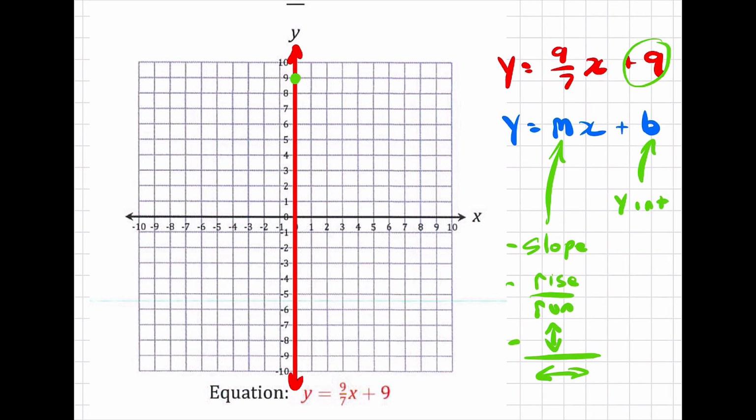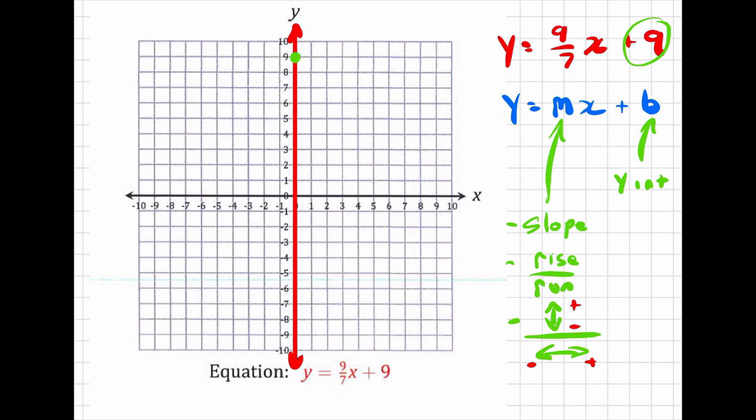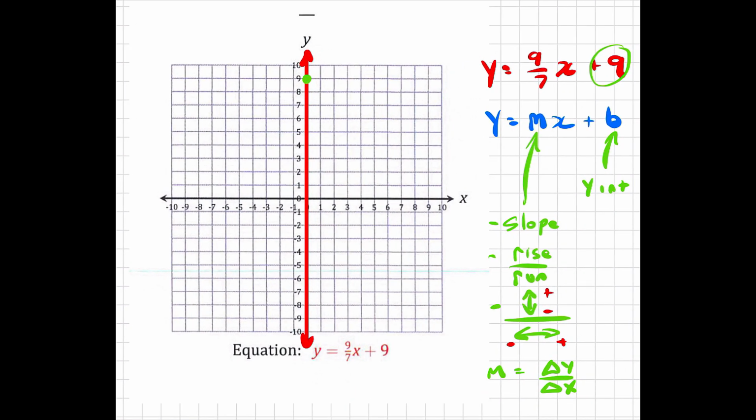Remember that going up is a positive direction, going down is a negative direction, going to the right is a positive direction, and going to the left is also a negative direction. And the way we usually refer to this is m equals the change in y over the change in x, just like that.